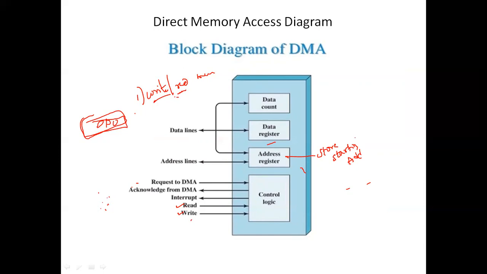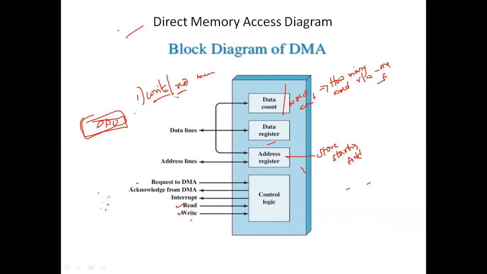Here the processor also sends the word count. Word count we can also call a data count. Word count means how many words are to be read or written to the memory or from the memory.